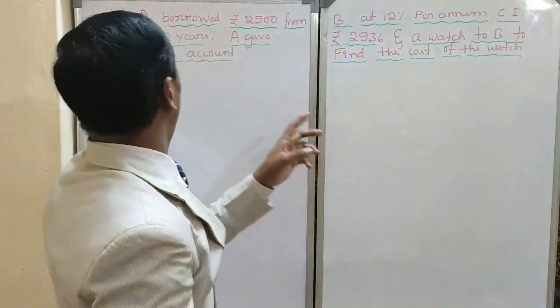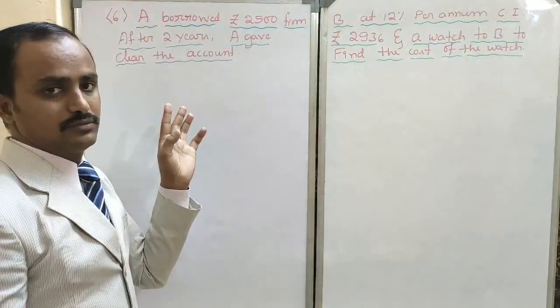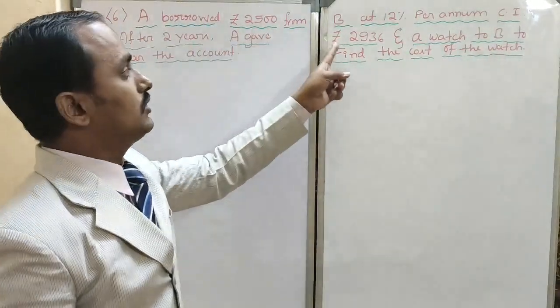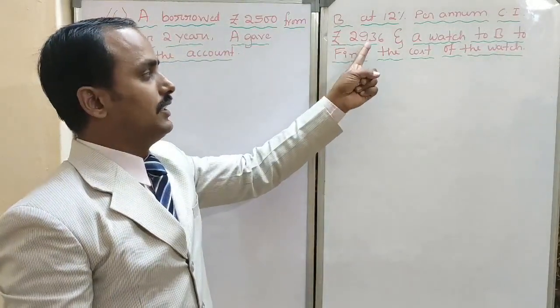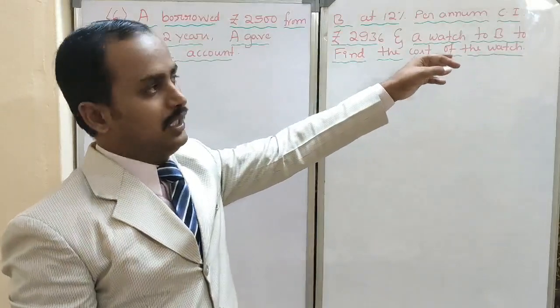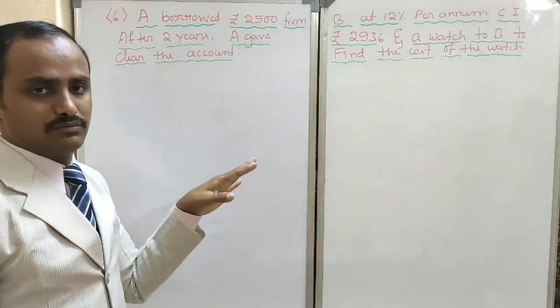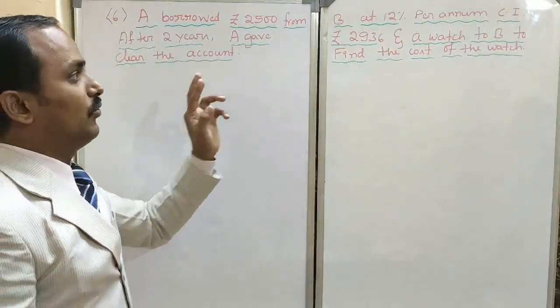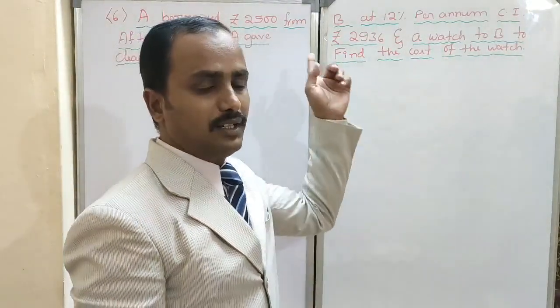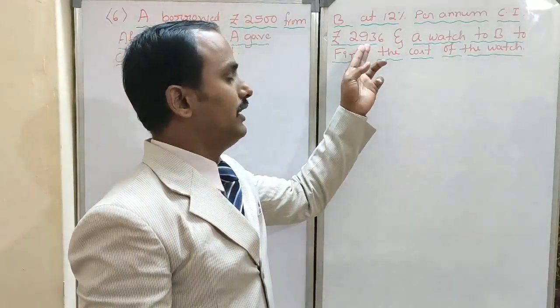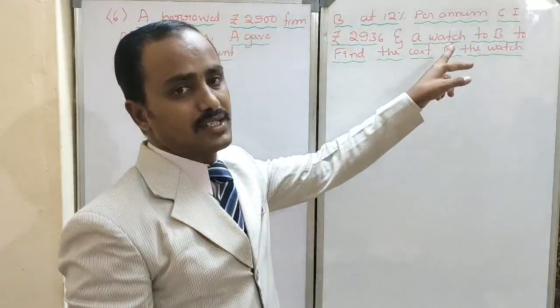Understanding? To clear the account, person A cleared the account after 2 years. How much amount did he give? 2,936 plus one watch. Understanding? He cleared the account after 2 years. Find the cost of the watch. After 2 years, how much did person A clear? You know that, plus one watch.